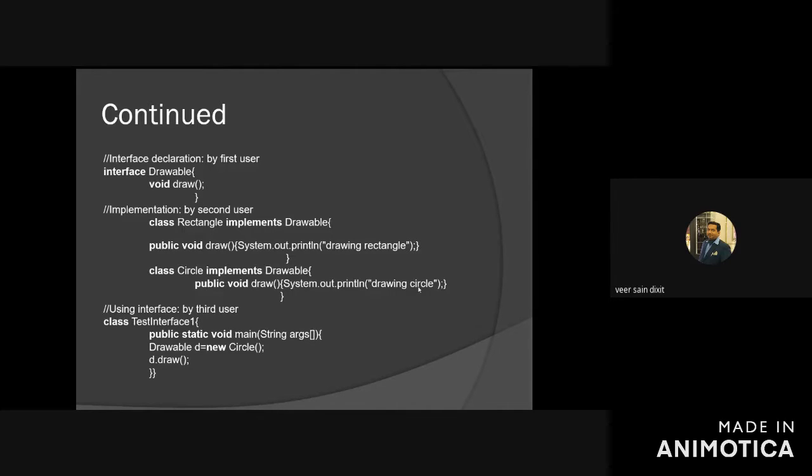So first you will create the interface in which you will declare the constant fields and abstract methods, and then through a class you will implement it using the implements keyword. Here class Rectangle implements Drawable, with public void draw, and here you are defining that draw method in the class: System.out.println drawing rectangle.